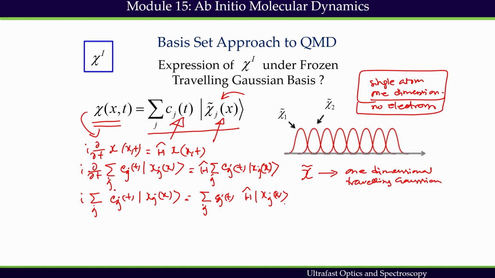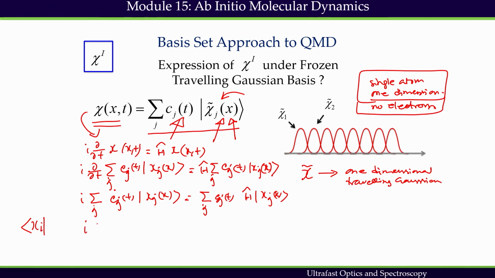Now in quantum mechanics, we often make use of the orthonormalization condition. However, it is not necessary here that these Gaussian functions are orthonormal, but we can still multiply by this chi_i from the left-hand side.